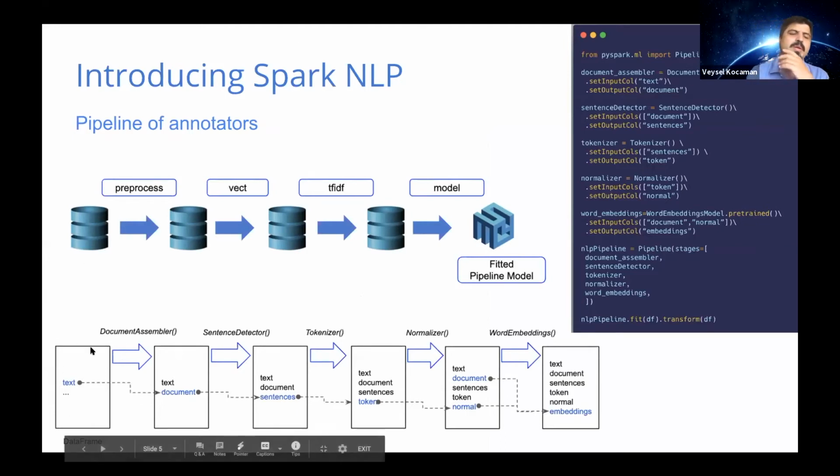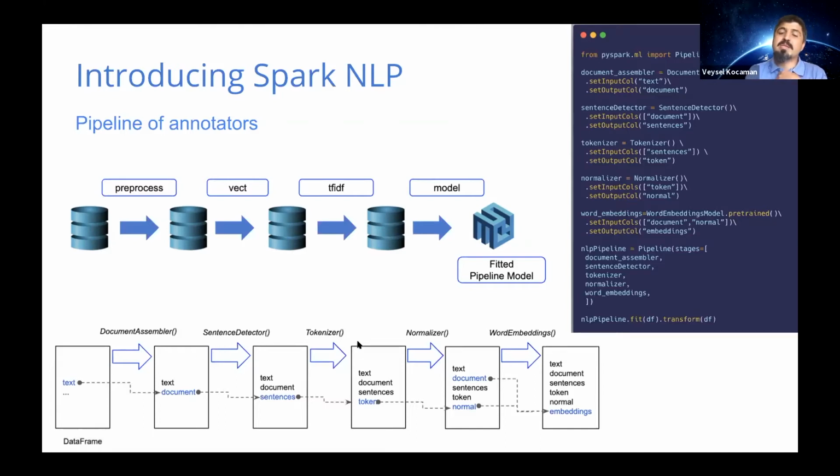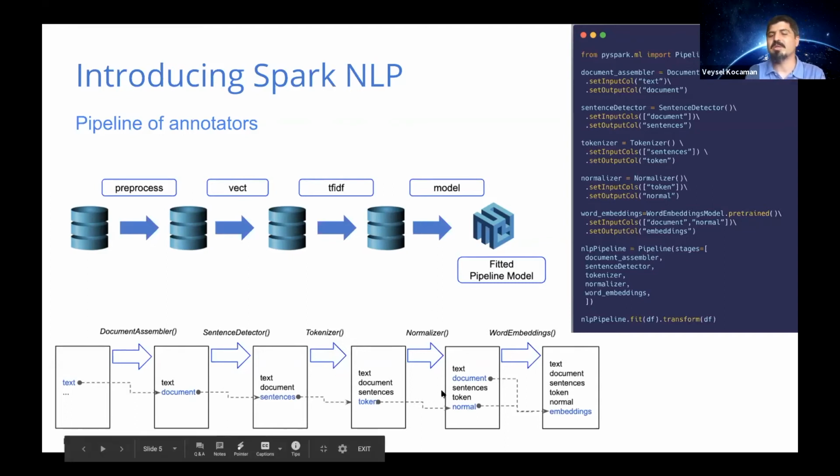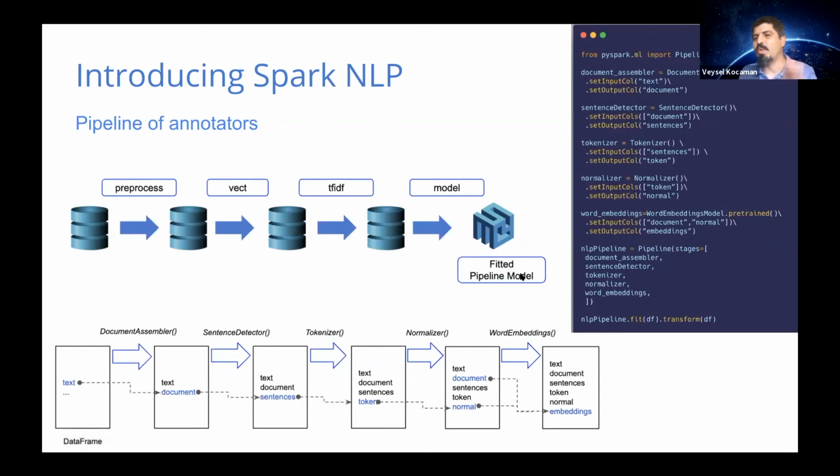On this one, you feed a text column, and then you get sentences, and then you tokenize the sentences, and then you clean those tokens, like normalize, and then you can get the word embeddings of each normalized token. Or you can add some spell checkers here, or you can do some text matcher to extract just certain tokens, etc. And then you build the pipeline, and then you can save that pipeline or transform over any other data frame.